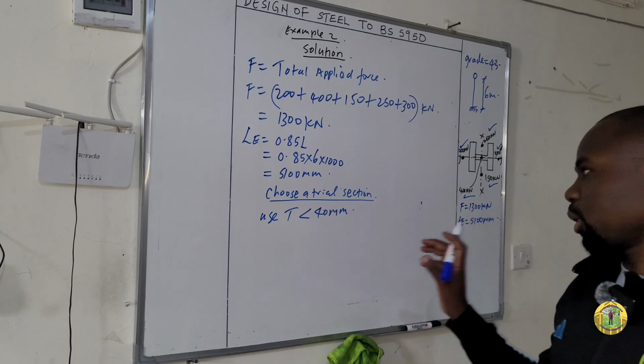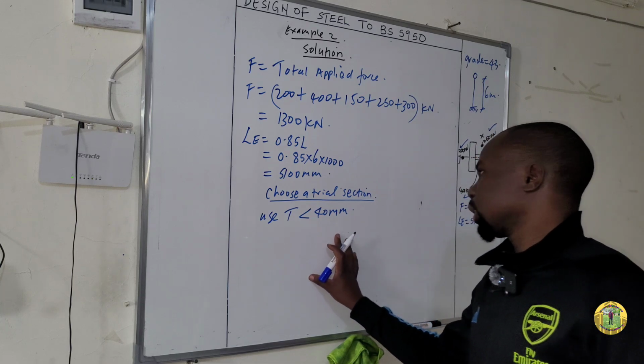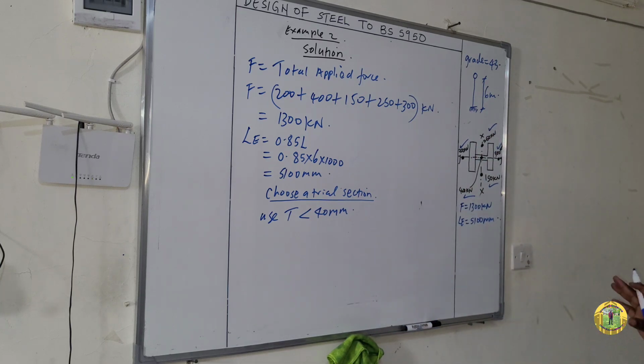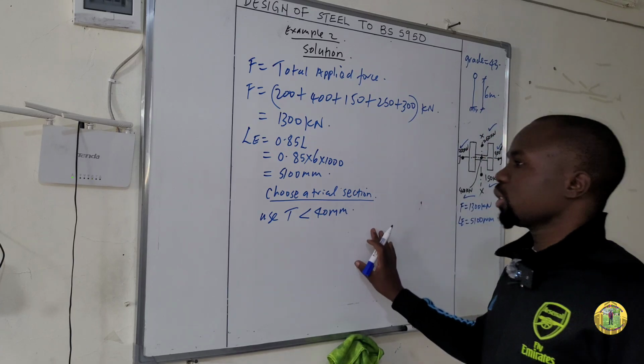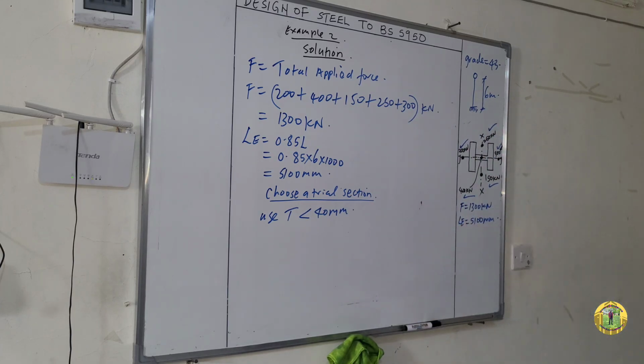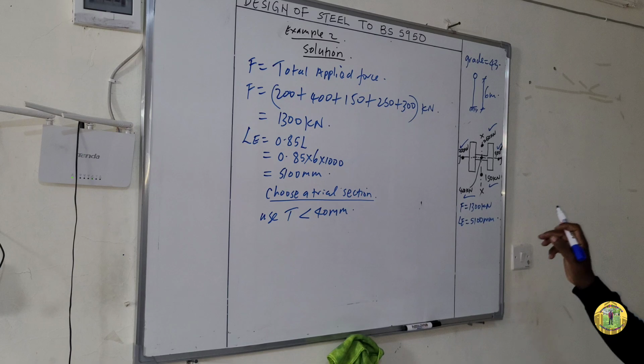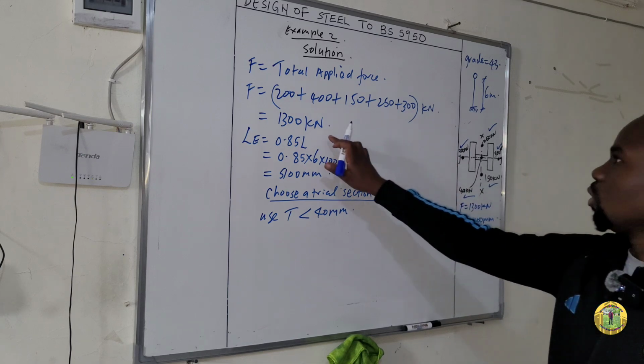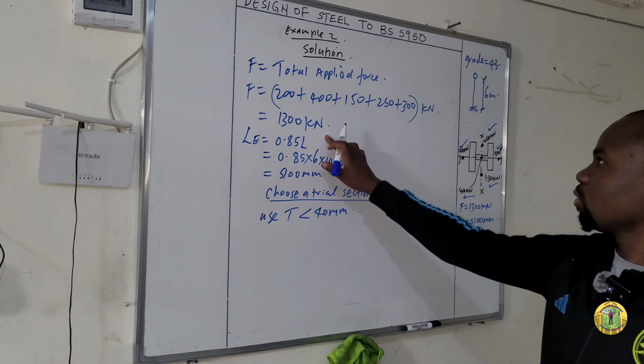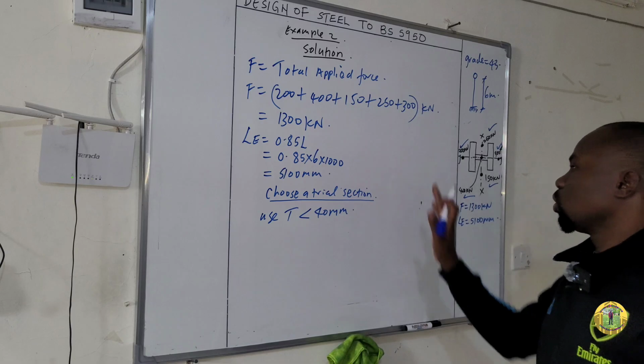And for the section to pass, you have to check the parameters given in the code, which is BS5950. So if it passes, then that section will be used to design a column with a total applied force of 1300 kilonewton.